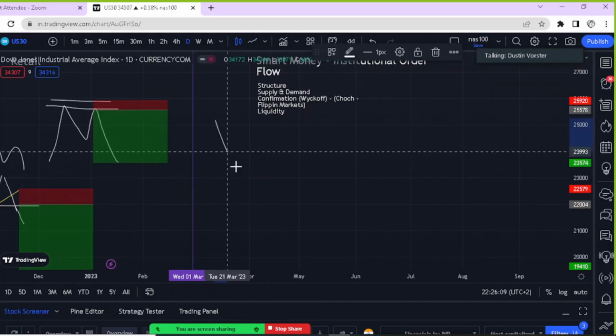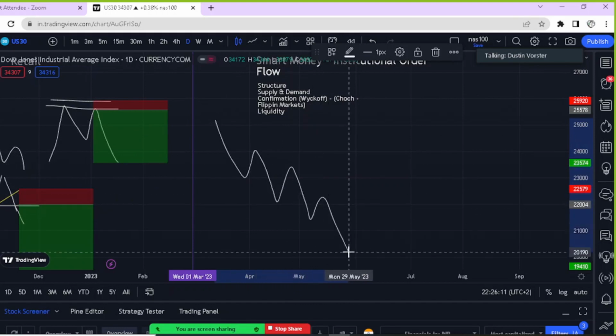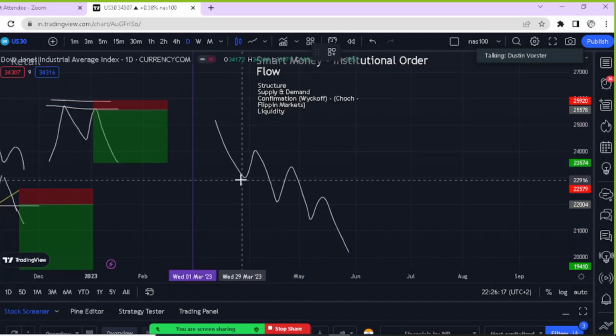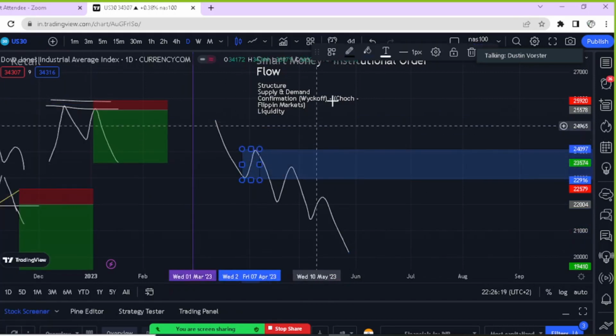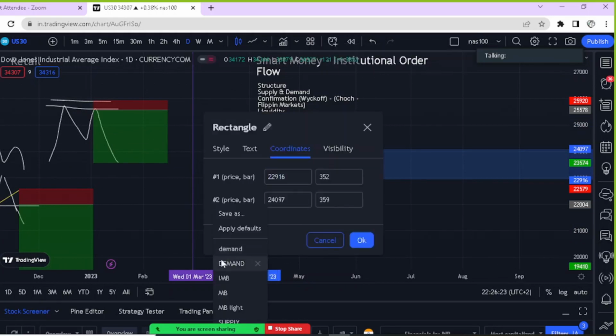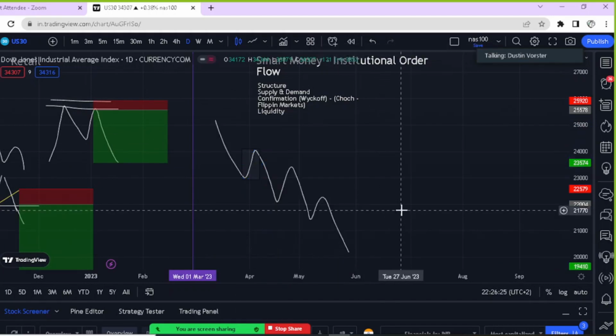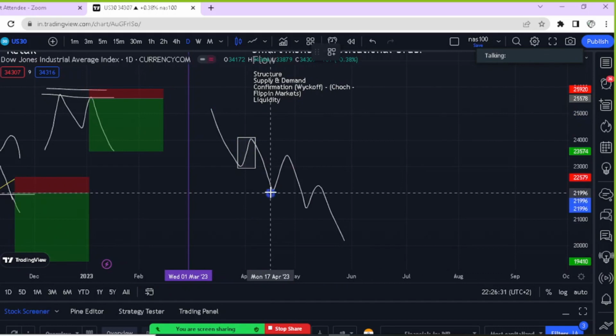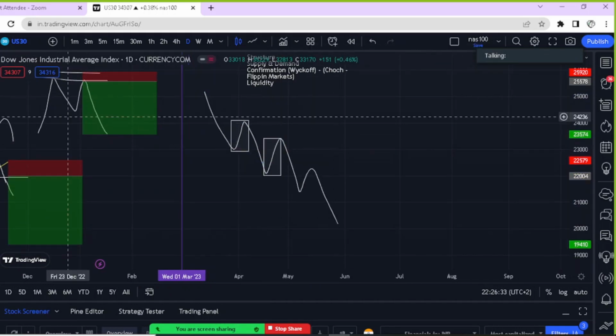Basically with structure, we look for lower lows and lower highs. I'm just recapping. Remember, we all know this now.